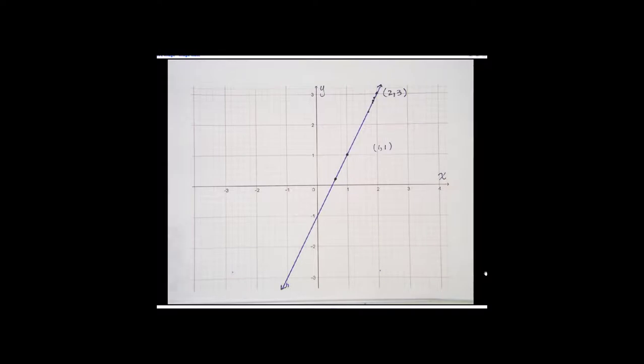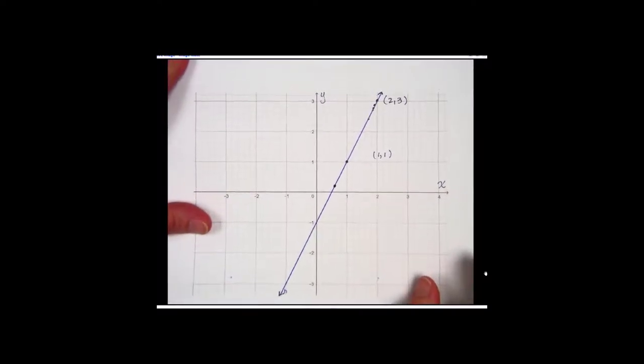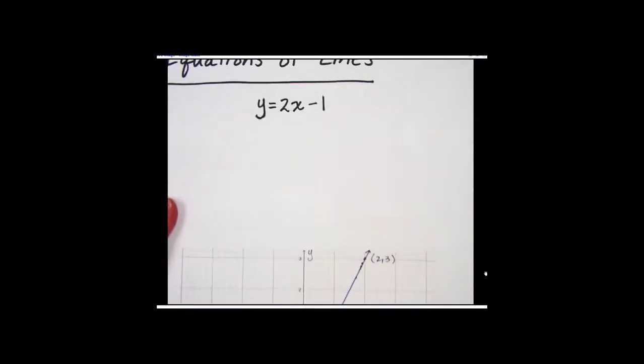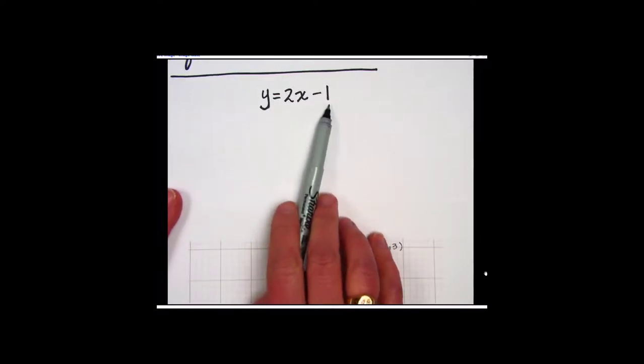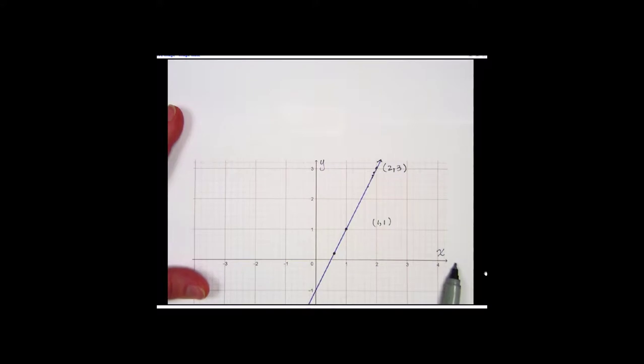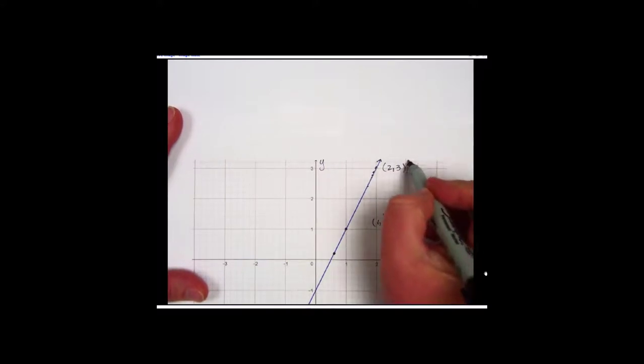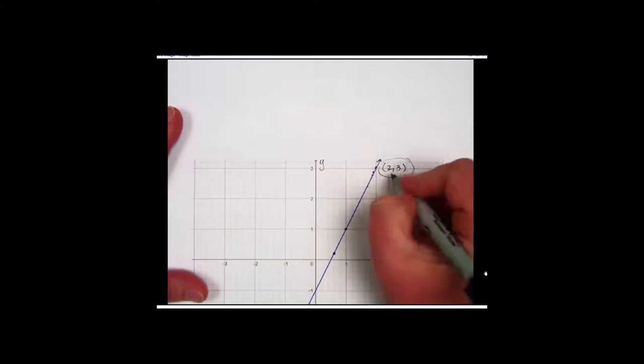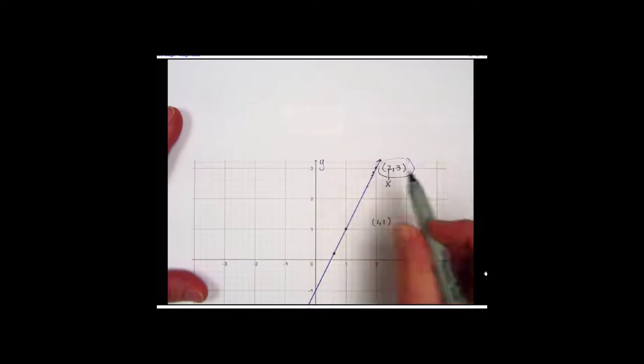Okay, and if I told you right now that the equation to describe this line was y equals 2x minus 1, well, notice here are my y values, here are my x values. I said the point 2, 3 is on that line. Well, if I plug in 2 for x, then I should get 3 for y.